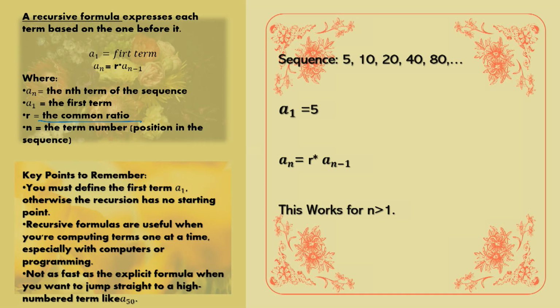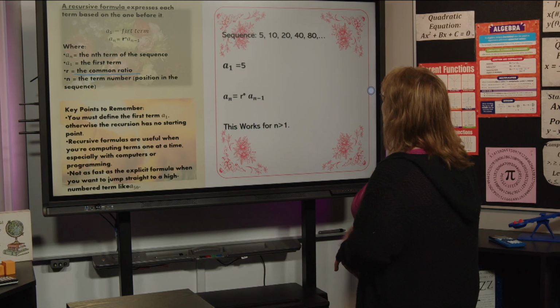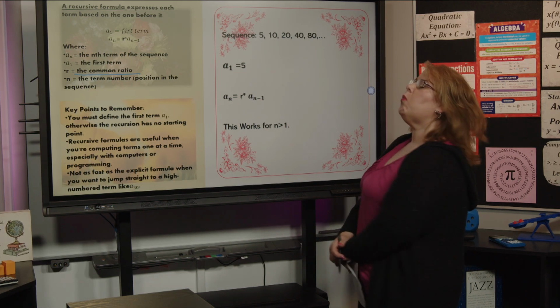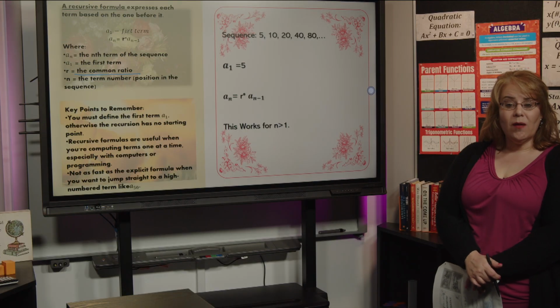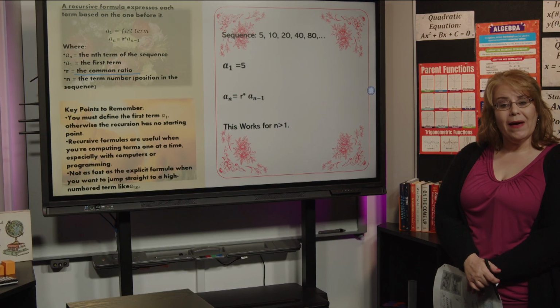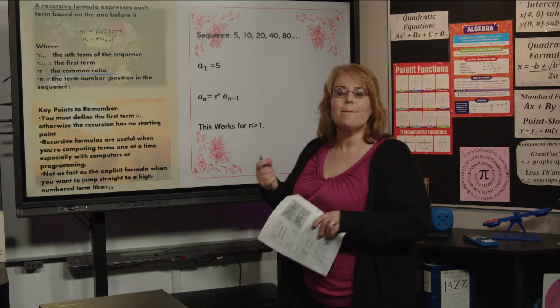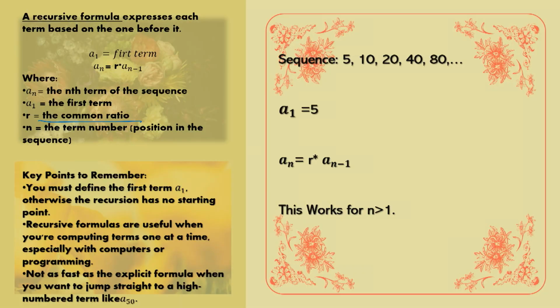So let's look at this sequence: 5, 10, 20, 40, and 80. What do we see as our common ratio? How am I going from one number to the next? Exactly right, I'm multiplying by 2. Each time I multiply by 2 and I get the next term. Our a sub 1 equals 5.